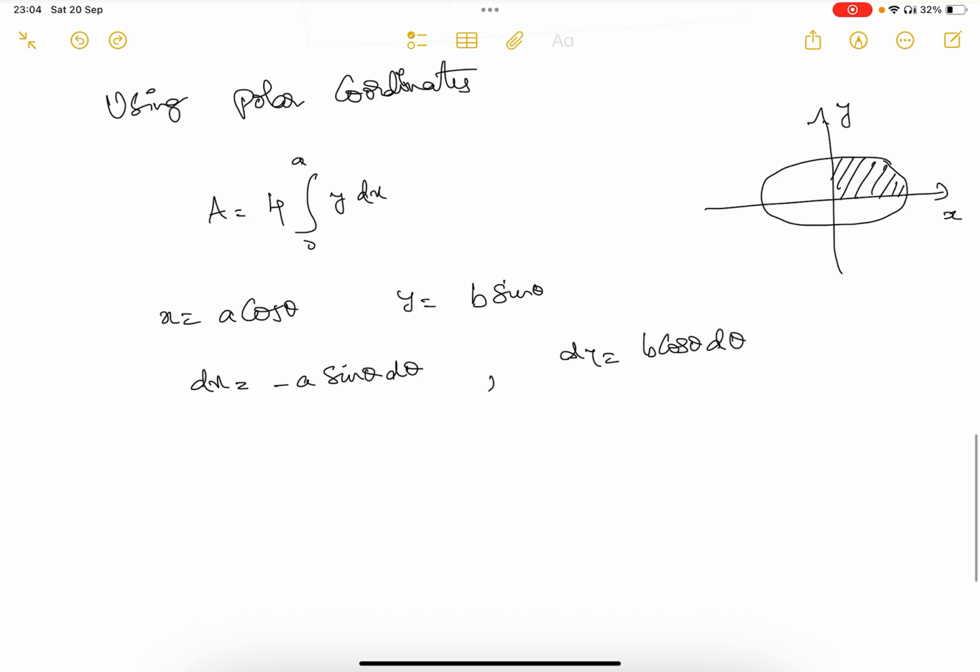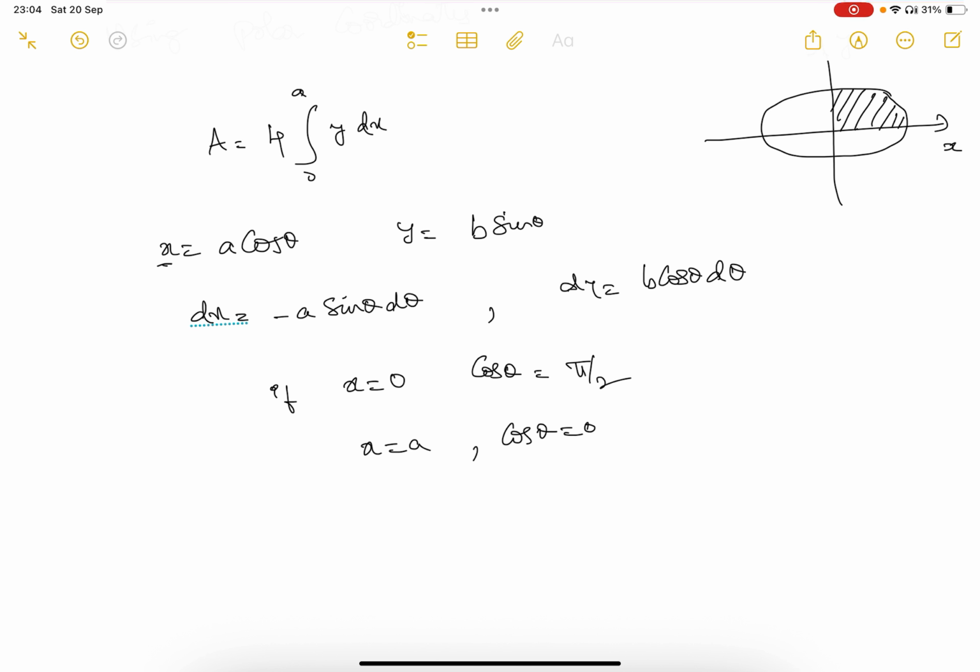Fine. We have taken if x equal to 0, then cos theta is 0, so theta is pi by 2, right? As cos pi by 2 is 0. If x equal to a, then x by a is 1, then cos theta will be 1, so theta is 0.